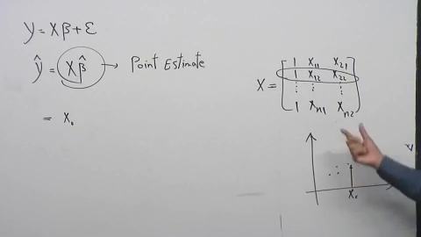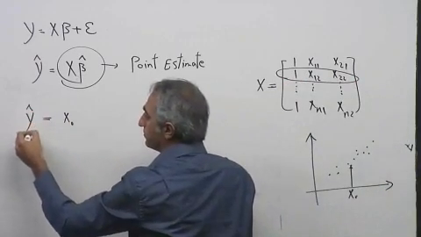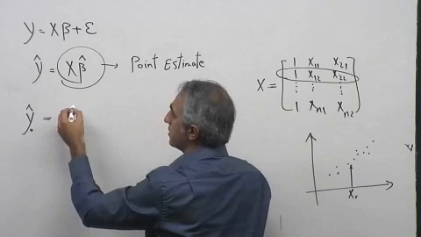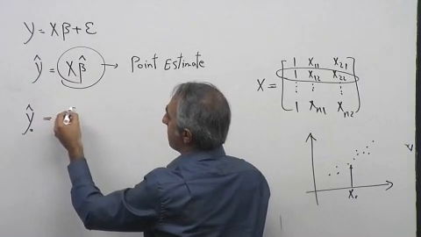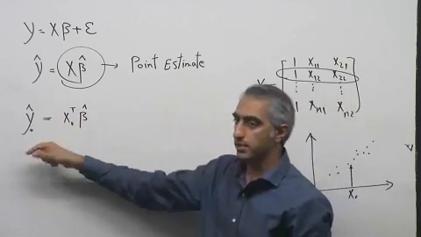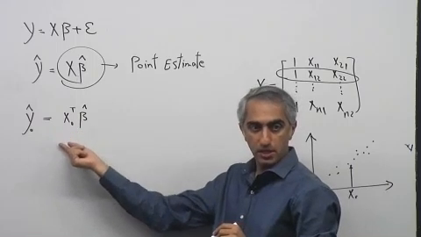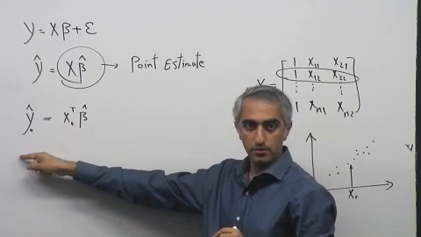So if I have this row, I can find the estimate for y, which is this guy. This is a scalar. This is a vector transpose times a vector, so it's an inner product. This is going to be a scalar.